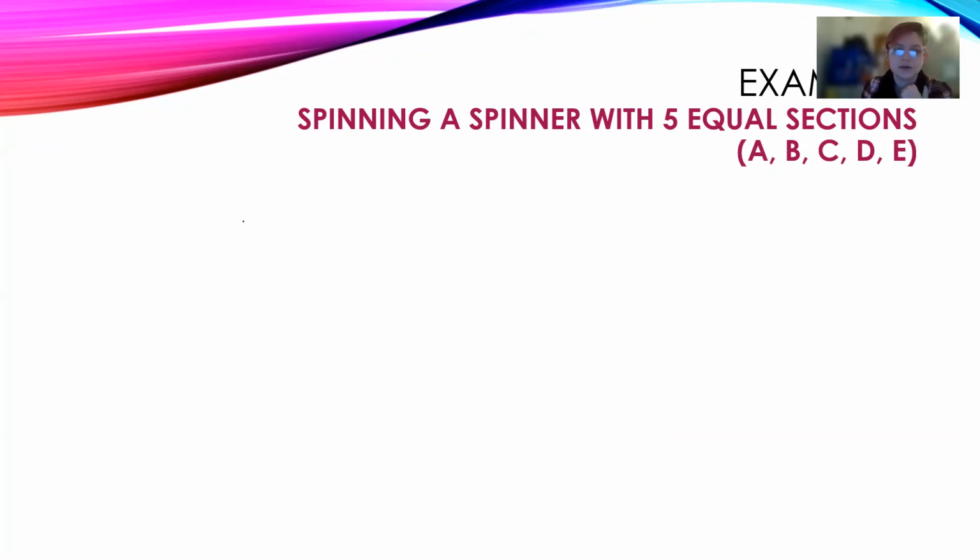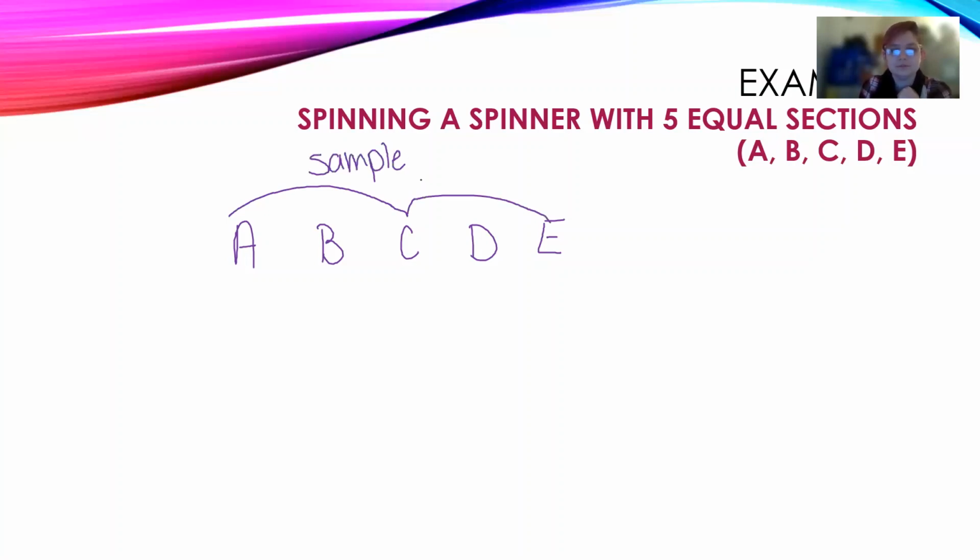So spinning the spinner, I could get the letter A, I could get the letter B, C, D, or E. So that makes this my sample space, just listing out all the possible outcomes. So if I'm dealing with a deck of cards, it would be listing out all 52 different cards in the deck.